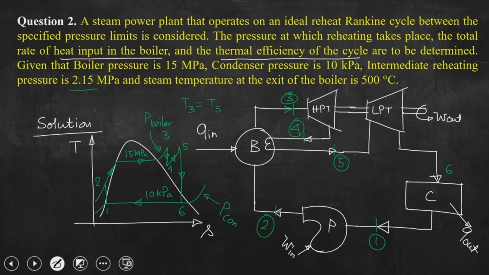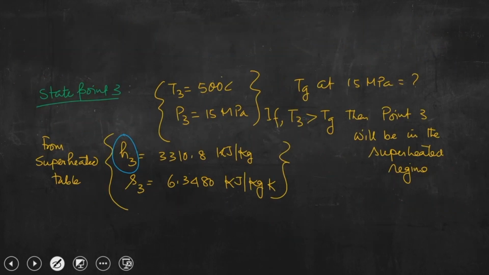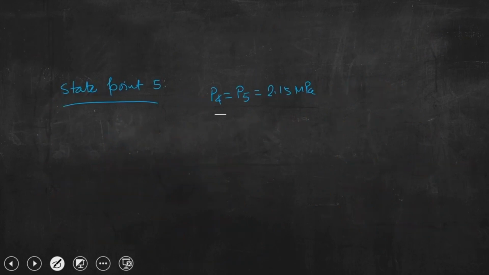So, we need to go back to the problem statement. You know that steam is taken back to the boiler and it is reheated again up to the initial superheat temperature, that is T3. So, that means T5 equal to T3 equal to 500 degree Celsius.